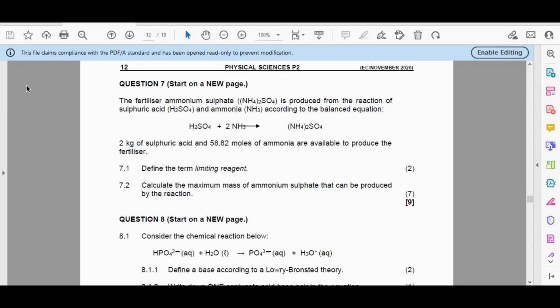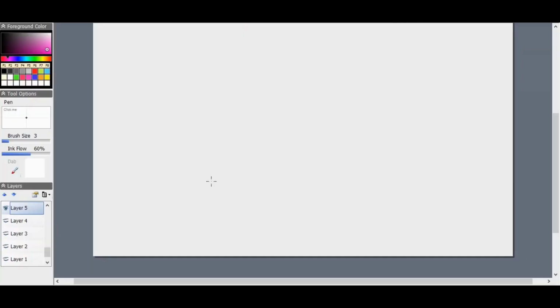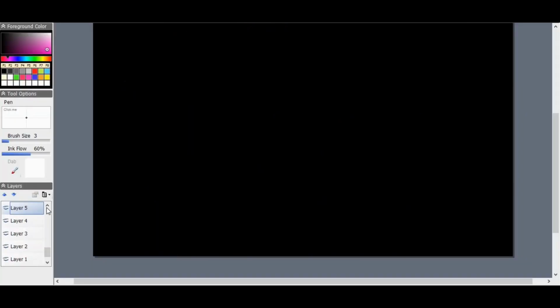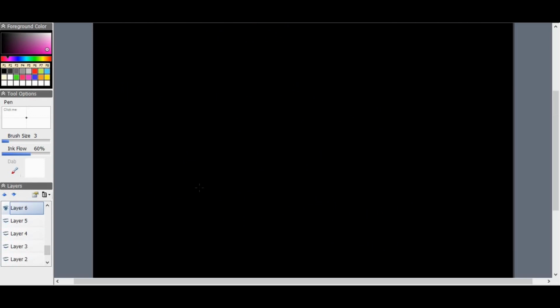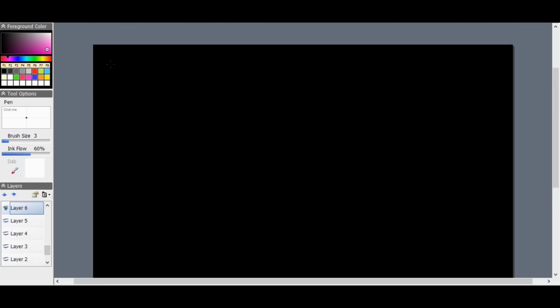Now that we know that's the limiting reagent, we need to calculate the maximum mass of ammonium sulfate. Ammonium sulfate, brackets NH4, 2SO4.